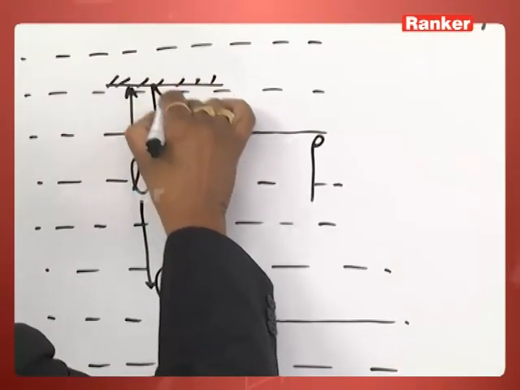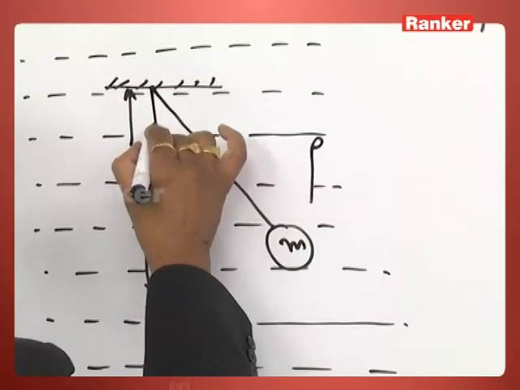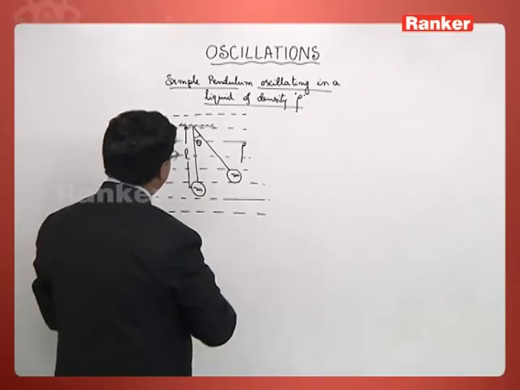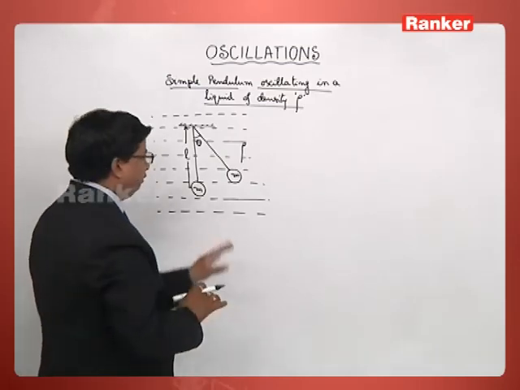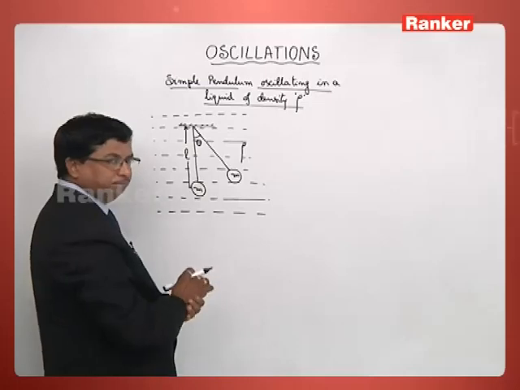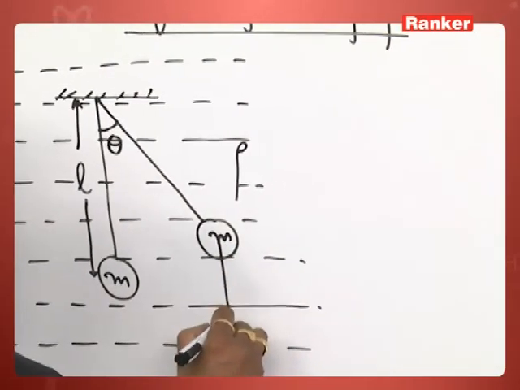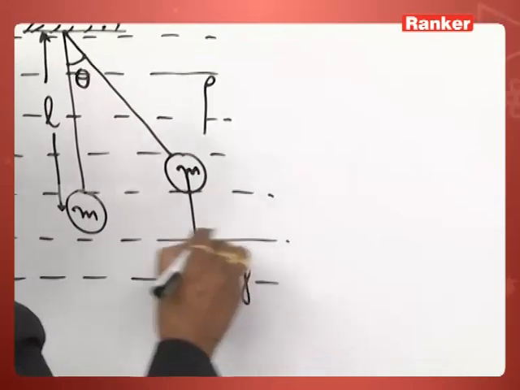Now this pendulum is brought aside this way by making an angle theta with the vertical, and it is now oscillated. Then what are the forces that are going to act on this bob? One directly can understand that weight will be acting downward, which of course we can call as mg.